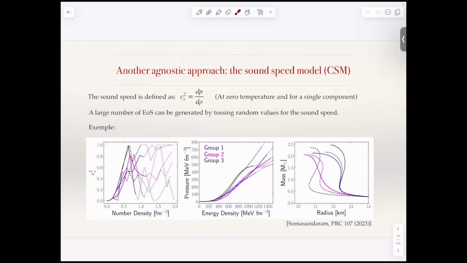Okay, so I think this is somehow the beauty of these agnostic approaches, but we have to realize that they are limited, because by themselves, they may say you have a bump in the sound speed, but they will never tell you why. And this is only you, with the knowledge that you have about microscopic approaches, who is able to say, well, there is a bump, and I can interpret it in this way from my knowledge. But the agnostic approach will never tell you what is the origin of the bump.